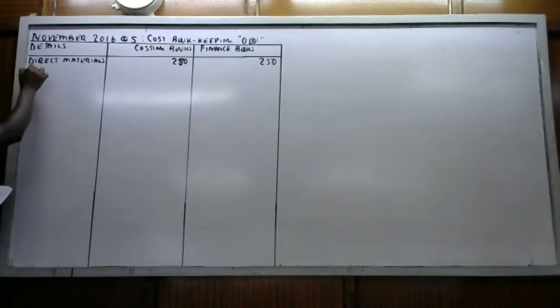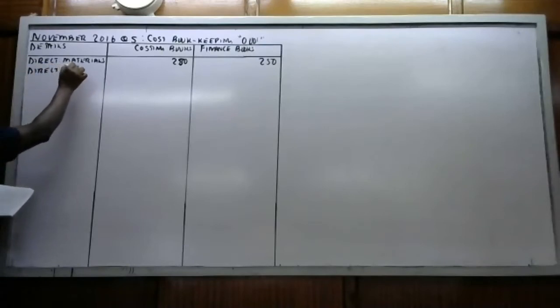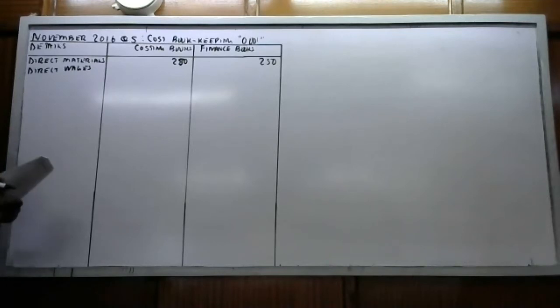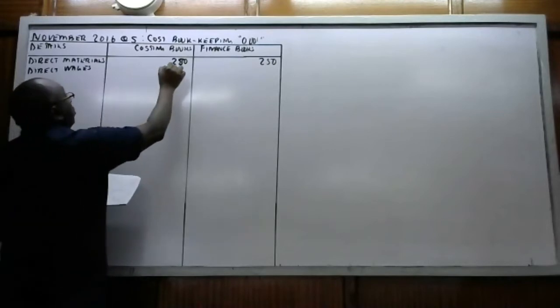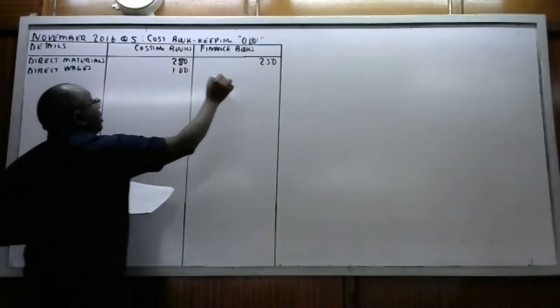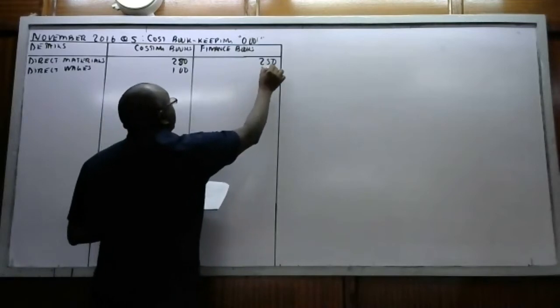Direct wages. Direct wages is not mentioned in the additional information, so you bring 100 here and 100 there.